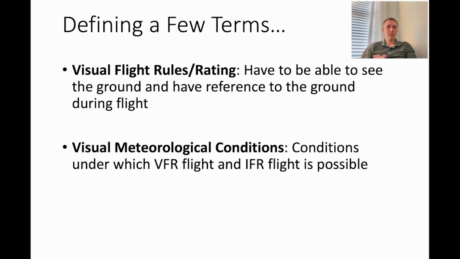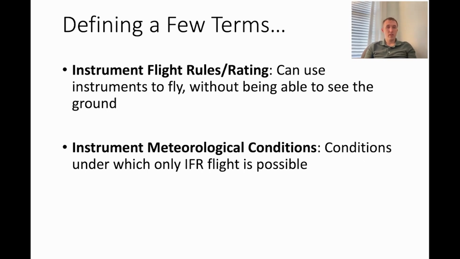And then something related for our purposes: visual meteorological conditions, conditions under which VFR flight is possible. And of course, instrument flight rating is also possible if VFR is possible. These visual meteorological conditions, or VMC, are the conditions we're going to be operating in as UAS pilots. So we have to be able to see our drones, for example. Compare that with instrument meteorological conditions, IMC. These are conditions under which only instrument flight rules or instrument flight rating is possible.